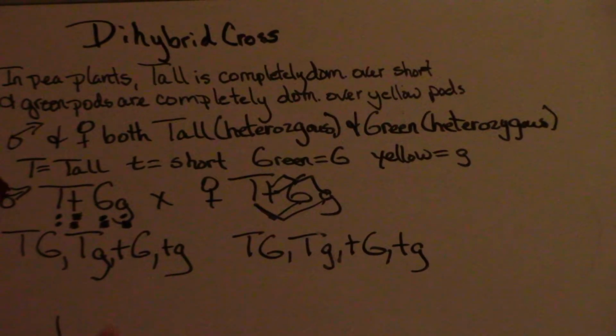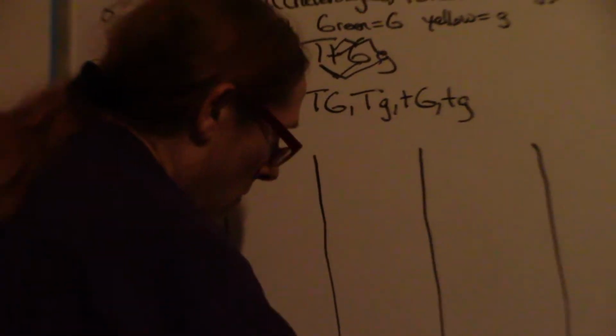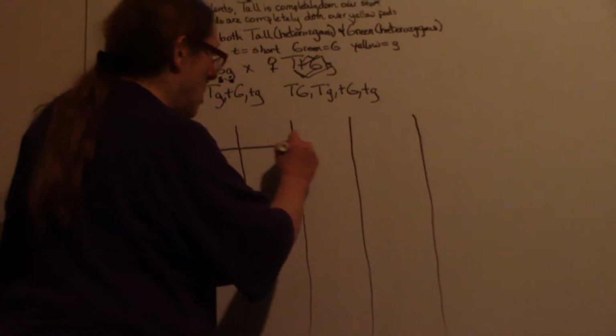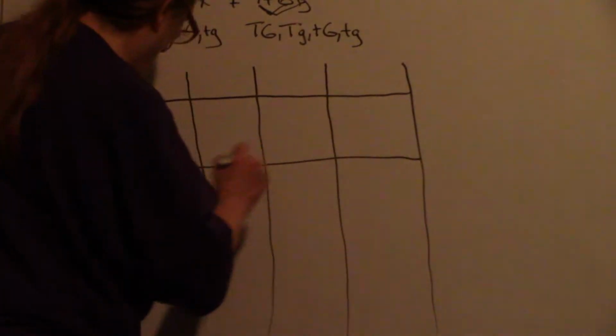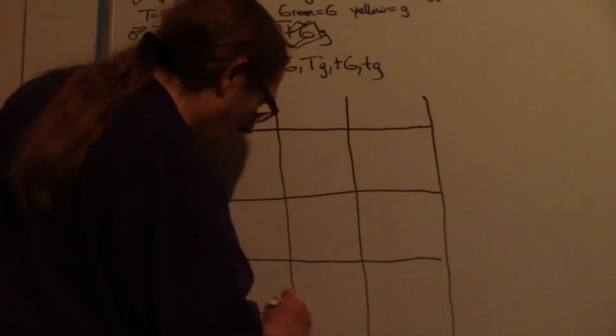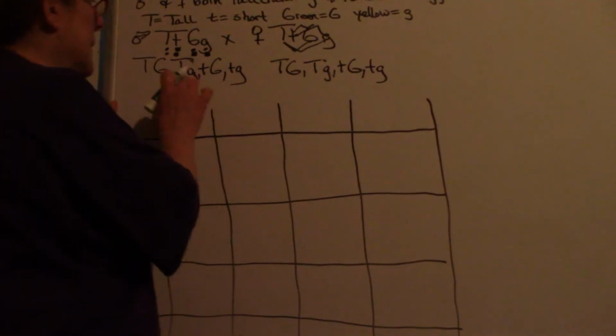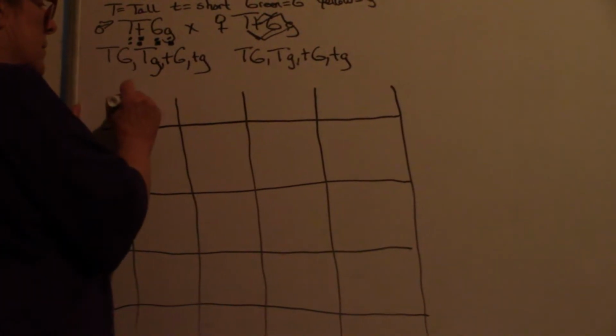Now this is a 16 square instead of 4. And instead of putting one letter, you put each of these gametes.